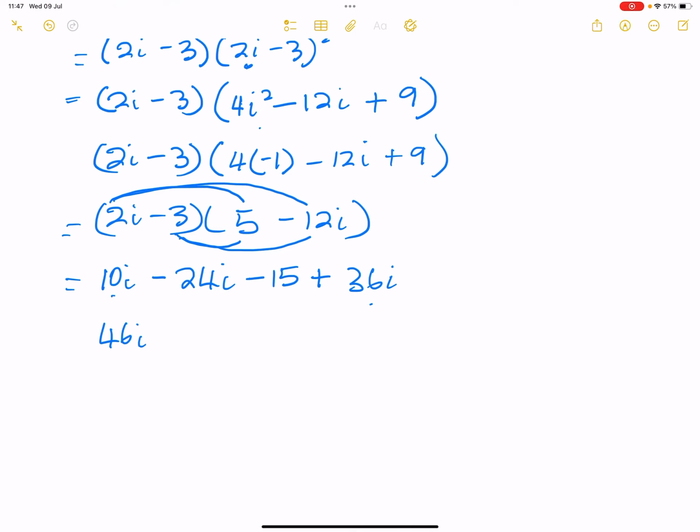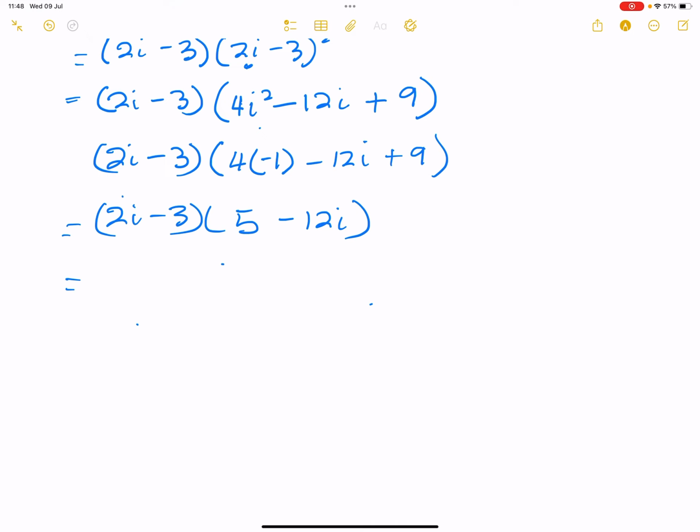And no, actually, I think I made a mistake somewhere, when I was multiplying. Okay, apologies there. Let's go back to this. We said 2i multiplied by 5, that's 10i.